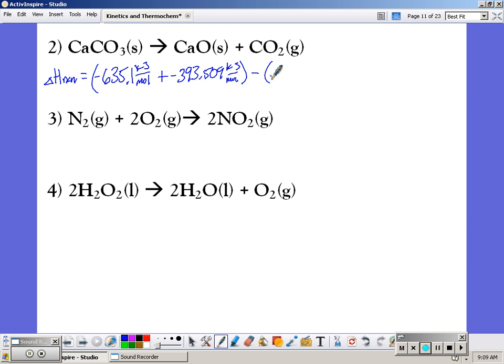I guess I don't really need a parentheses there. And then all we have to do is plug that in. Something to keep in mind is that when you're doing the math, make sure you watch out for those negative values and coefficients. This example doesn't have any coefficients, but you would want to take those into account if they had some. So my answer then would be 178.3 kilojoules per mole.